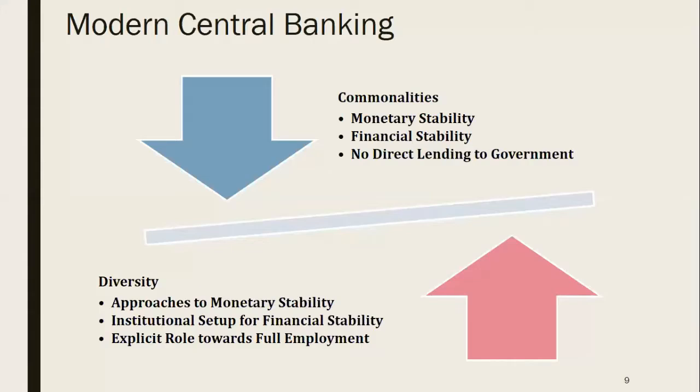Then no direct lending to government. Why is that? Because they later identified that if they directly lend money to the government, it will cause hyperinflation. When they print money and lend that money to the government, it will cause government expenditure to increase, thereby boosting aggregate demand, then an increase in prices and finally hyperinflation.